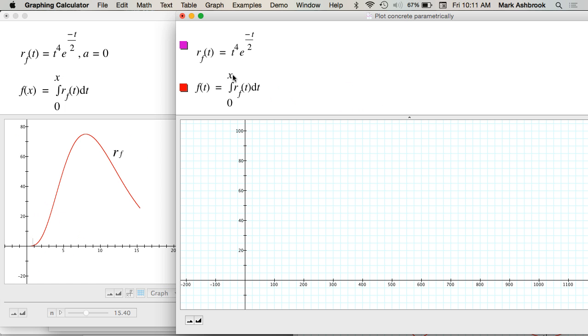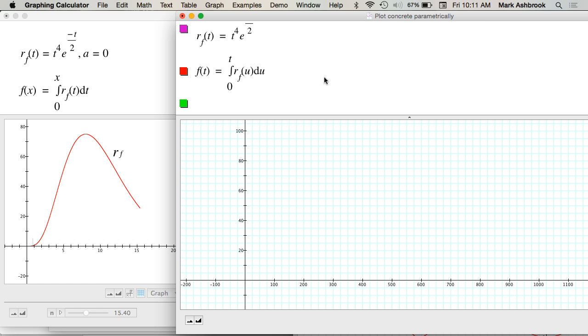I'm going to go from 0 to t, and then I need some new variable in here, say u. Okay, so what do I want to do? I want to graph this relationship, the one we just found, as a parametric function.